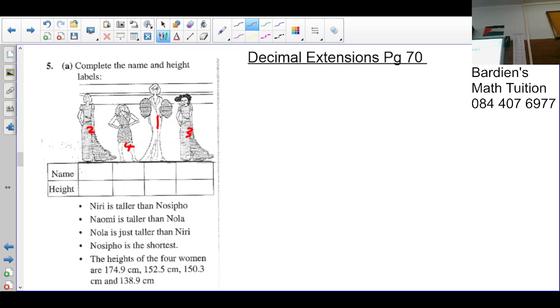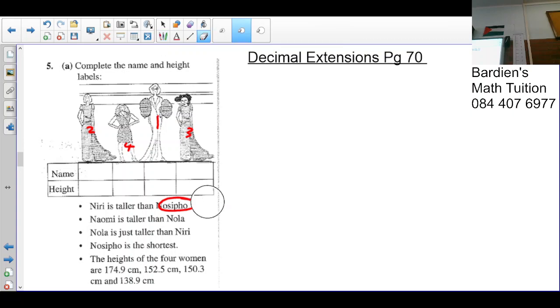Niri is taller than Ch4. So Niri is taller than Ch4. Just looking from the first one, I never read anything else. Okay. So Niri is shorter than Ch4. So Ch4 is taller.